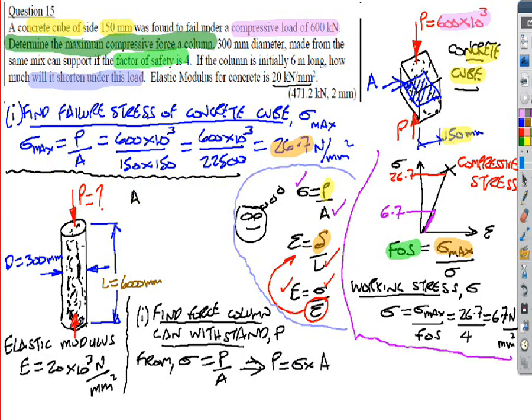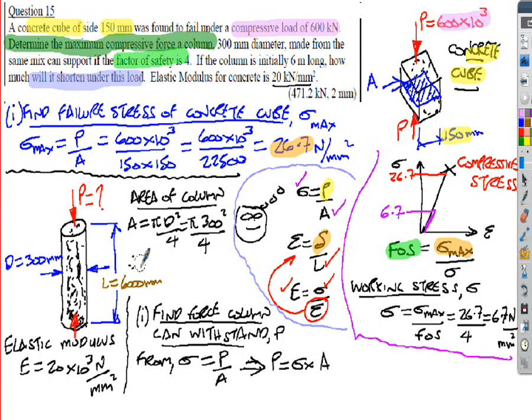So the area of the column: my area is equal to pi d squared upon 4 again, which is pi multiplied by 300 squared divided by 4.